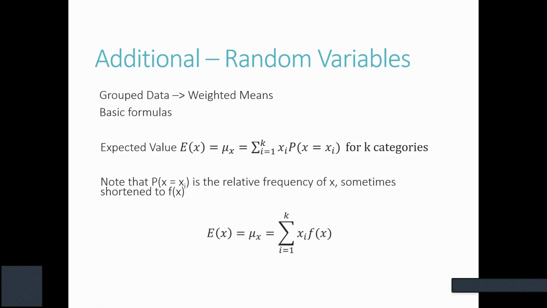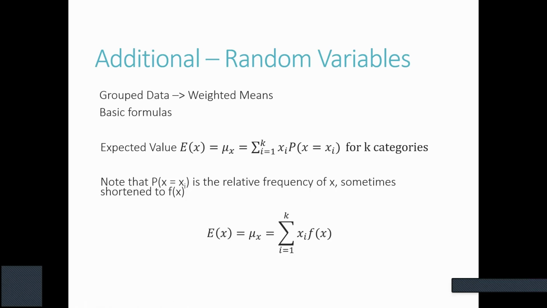So we're going to use this particular formula that has a lot of notation, but basically all it means is you're going to take the value and multiply it by its relative frequency, and then you're going to add all those up. And you don't divide here because the relative frequency, remember, we get from the frequency divided by the total n.